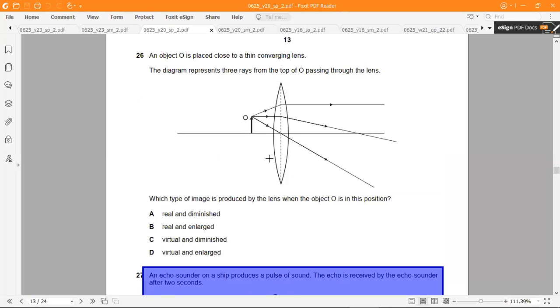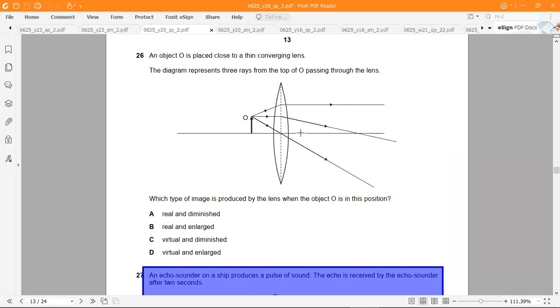خلينا نشوف هنا البوينت ديت. It says an object O is placed close to a thin converging glass. The diagram represents 3 rays from the top of O passing through the lens.